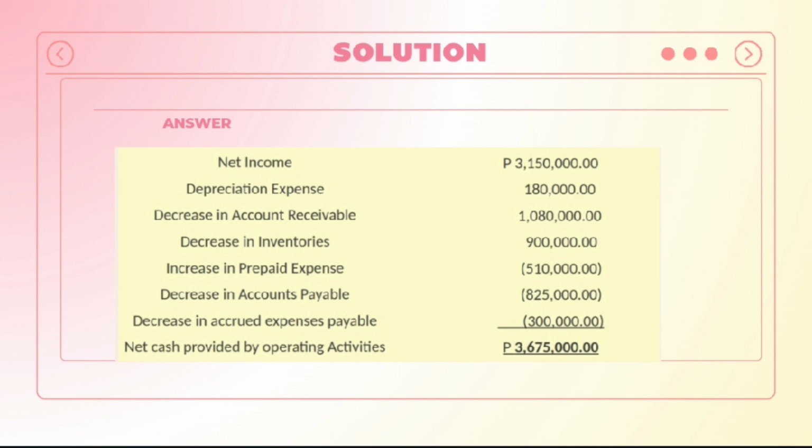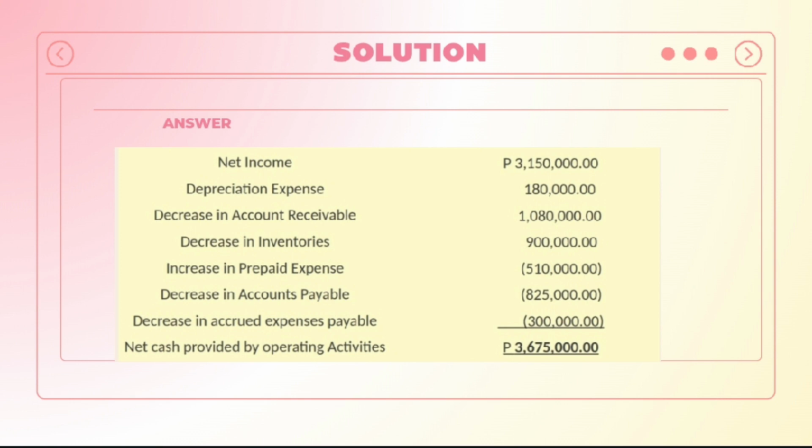So minus 900,000, decrease in inventories, plus 510,000, that is increase in prepaid expense, plus 825,000, that is the decrease in accounts payable, since it's an increase in cash. So plus 300,000, that is decrease in accrued expense payable, since it's an increase in cash.